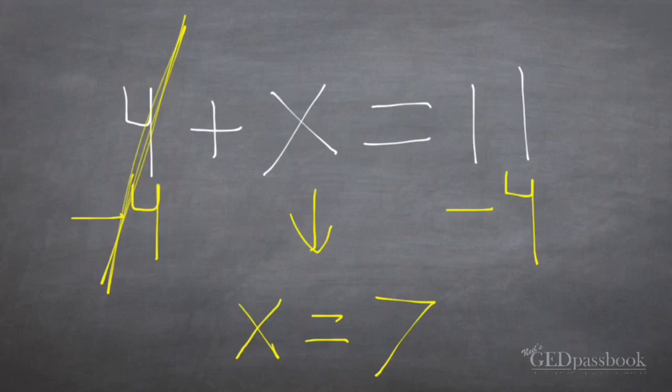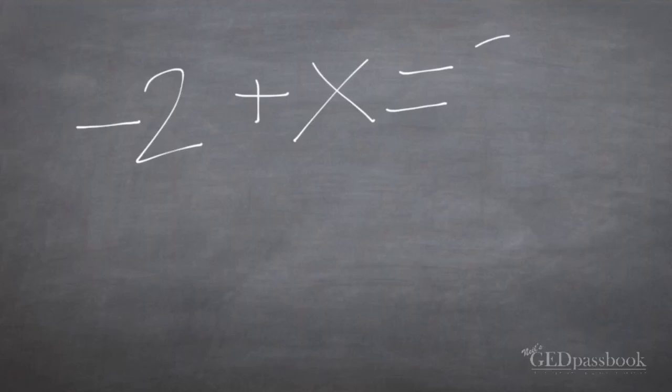Now, let's use another problem so that you guys don't get confused. Let's say it was this. Negative 2 plus x equals 3. Right? It's the same thing. You guys are already experts on identifying binomials, monomials, and polynomials.